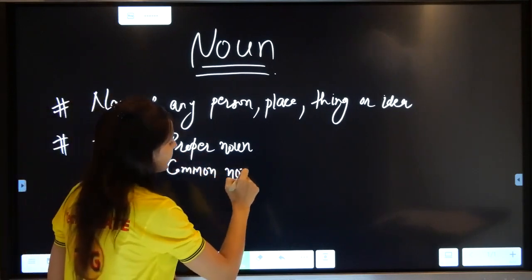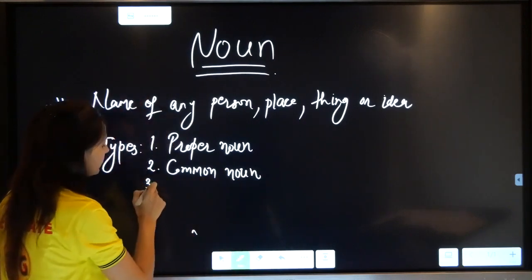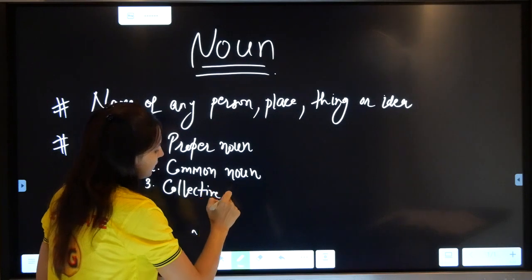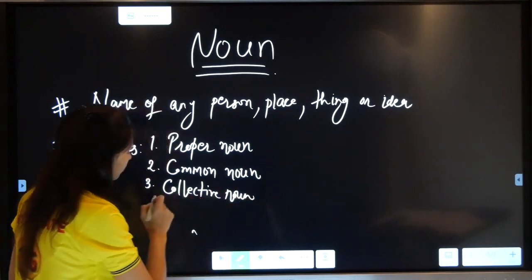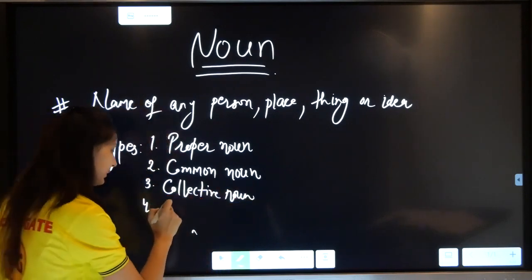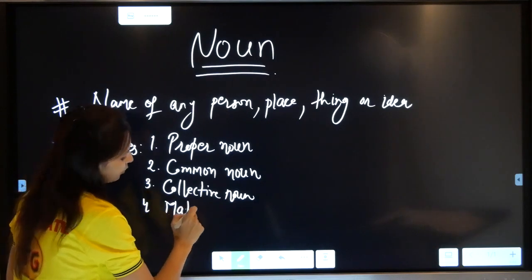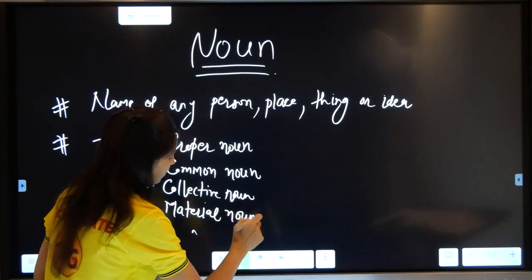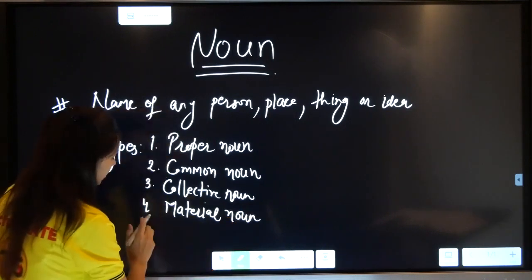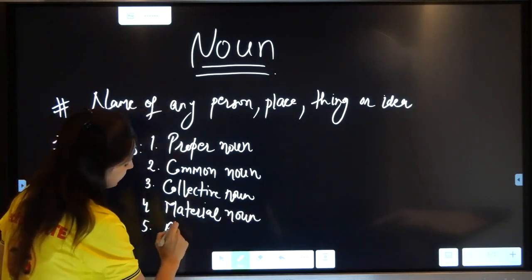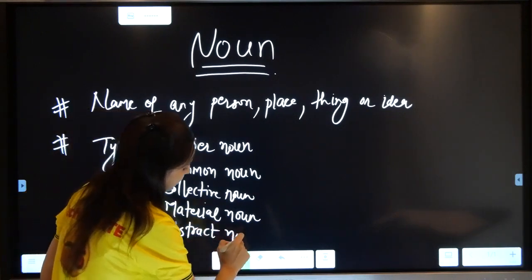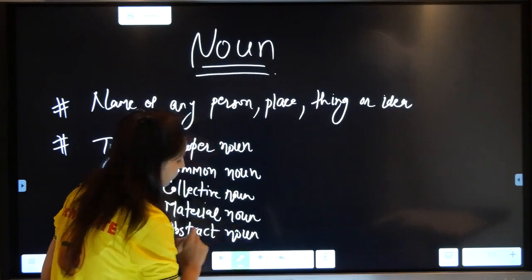So second category is common noun. Third category is collective noun. Fourth category is material noun. And then your fifth category, last one, is abstract noun.